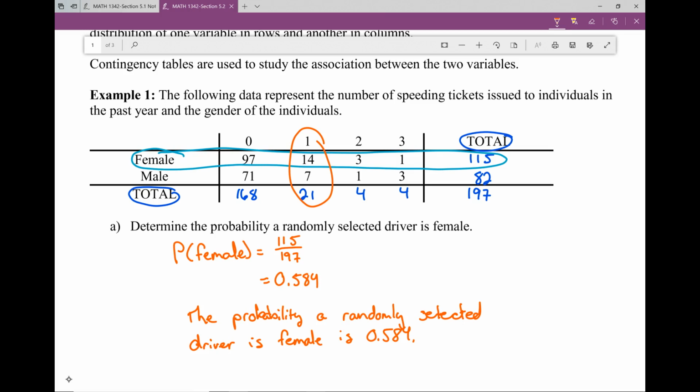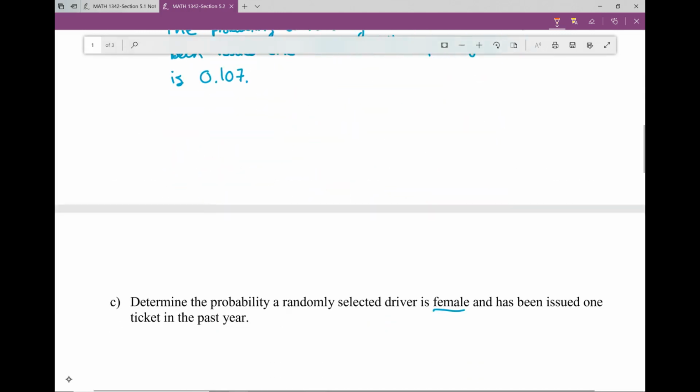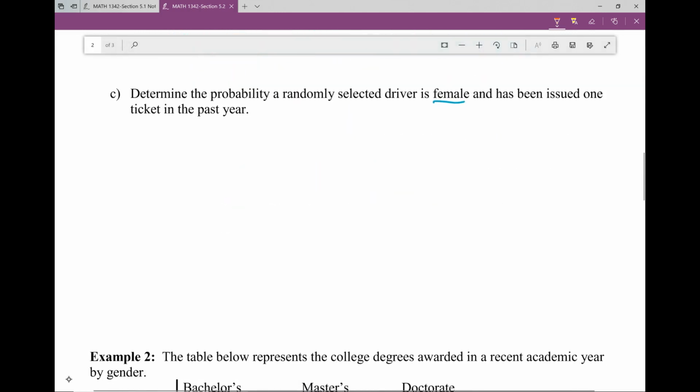So there are 14 females that have been issued one ticket in the past year. So whenever I go to do this, I'm wanting to look at the probability of female and one ticket. Now remember that these are two characteristics of one individual when we're talking about contingency tables.